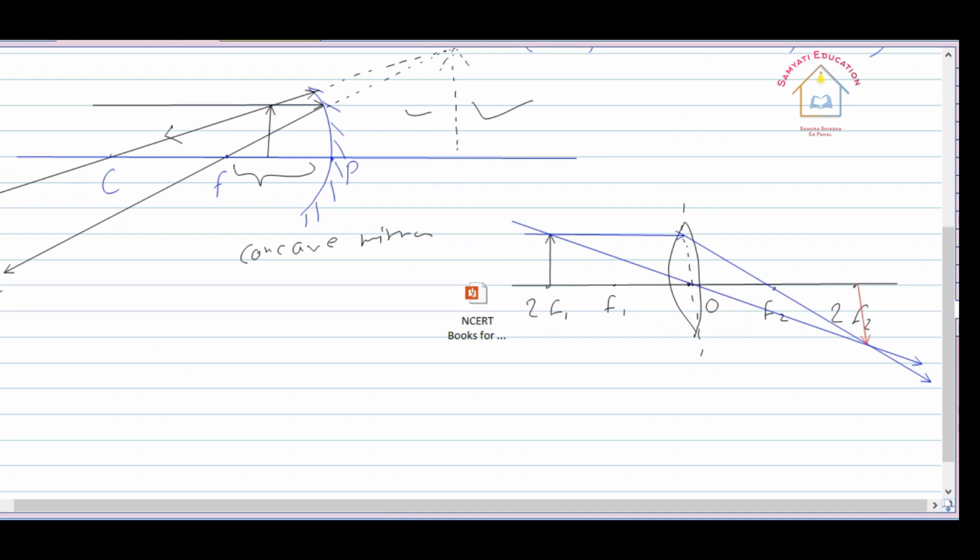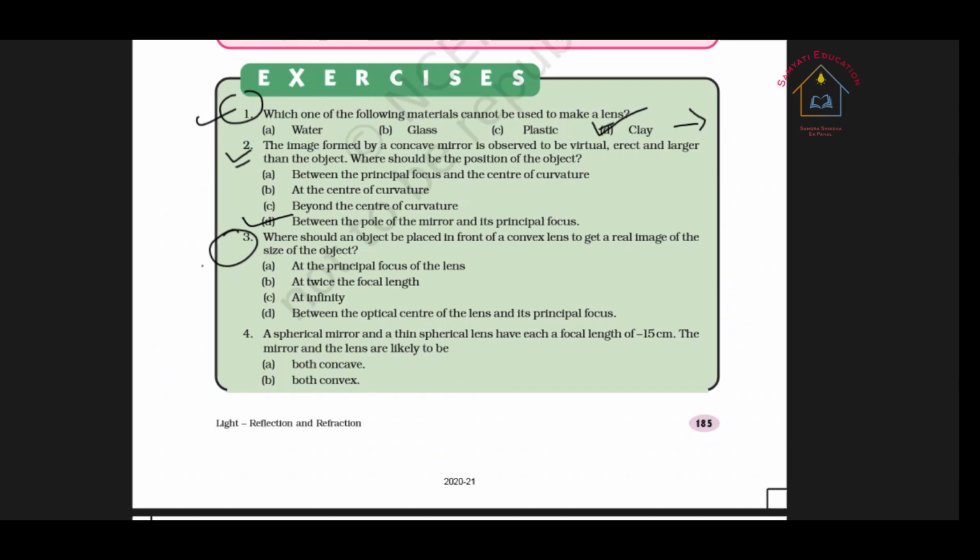A spherical mirror and a thin spherical lens have each a focal length of -15 cm. Then the mirror and lens are likely to be both concave. In a concave mirror, the direction of the focus will be in the negative direction. If we draw the x-axis and y-axis and put the center here, then the focus is in the negative direction from the center, so the focus will be negative.